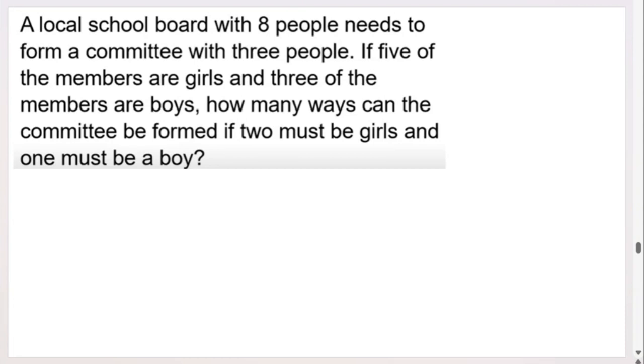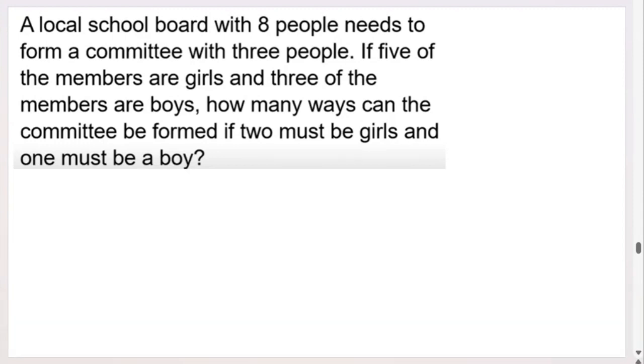Let's read the story. A local school board with 8 people needs to form a committee with 3 people. Okay, so there are 3 people here that need to form a committee. So already at the back of your mind, you say, okay, fine.